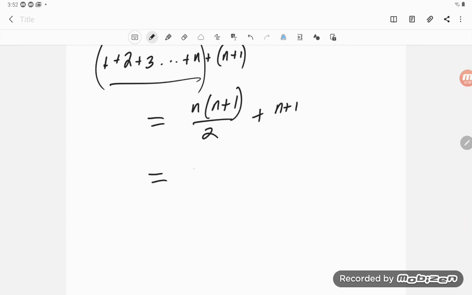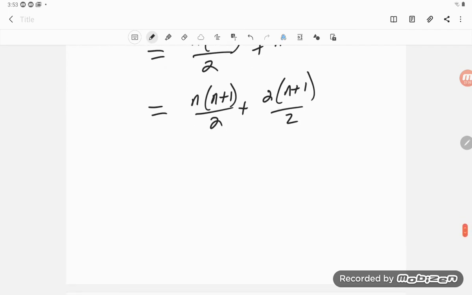Okay, well, now it's a little algebra. I need a common denominator, so this is n times n+1 over 2 plus 2 times n+1 over 2. Now I can add those together over the 2. And notice there's an n+1, there's an n+1. Factor it out. And I get n+1 times, and here I had an n over 2, and here I had a 2 over 2.